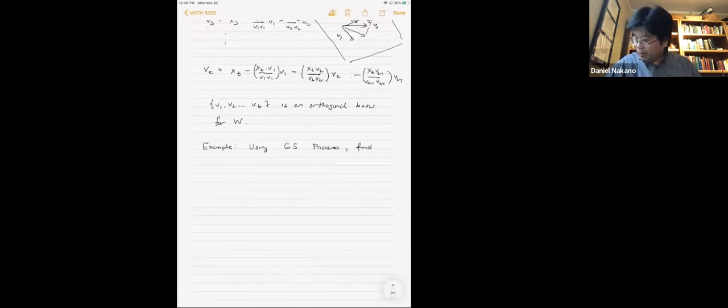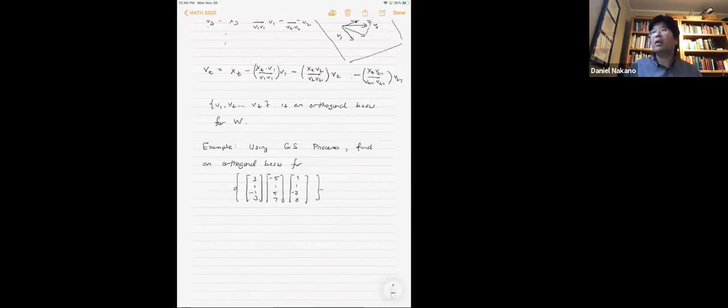Find an orthogonal basis for the following vectors: (3, 1, -1, 3), (-5, 1, 5, 7), and (1, 1, -2, 8). Okay, so these are vectors here. So we draw them like vectors.